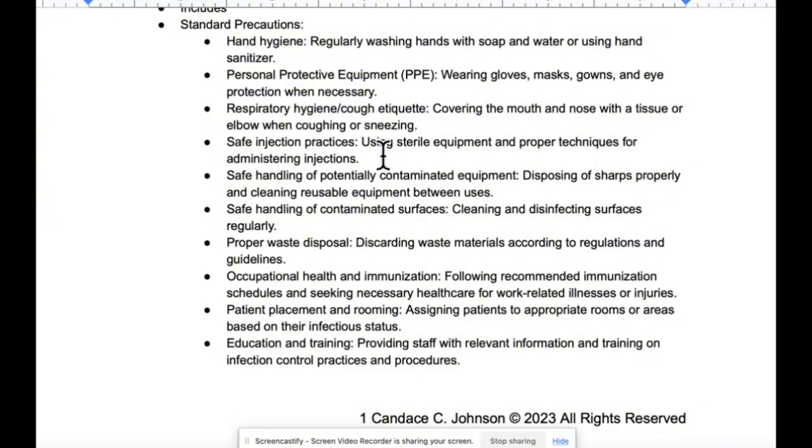All right, so personal protective equipment will include all those barrier methods that you might use, like gloves, masks, gowns, and eye protection. And you're using these things when necessary, when you're abiding by standard precautions.